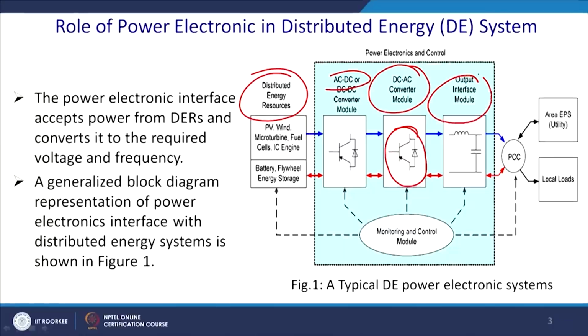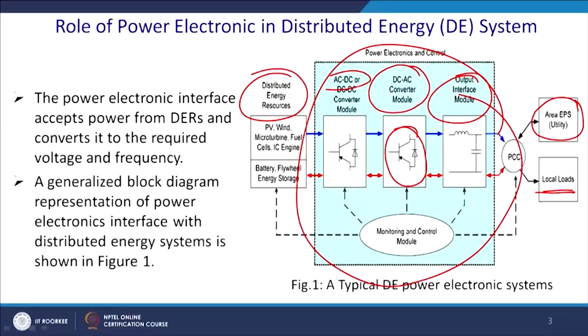Instead of this 2 level inverter we go for the multi level inverter, and thereafter you will have a filter to filter out those high frequency harmonics, and ultimately you have a point of common coupling, the area of the utility where it will interact with the grid, and you may have a local load also, and you can dispatch power in a bidirectional way. So, this is the overall role of the power electronics here.